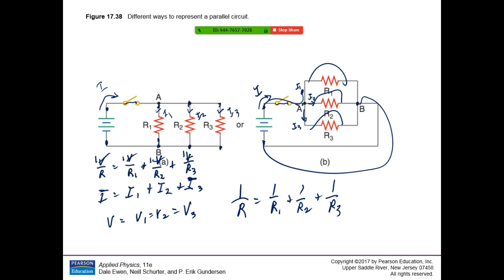Because what it's doing is requiring that battery to supply more and more current. Every time you put another resistor there, the voltage stays the same, and the current has to increase because you put another resistor there. So you're increasing your current, which is effectively decreasing the resistance, because those are in an inverse relationship.